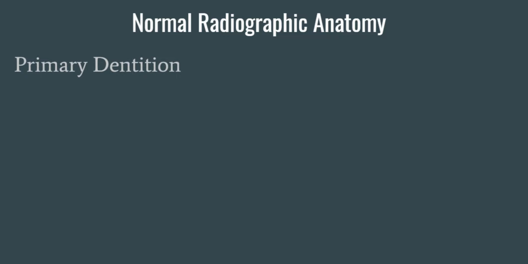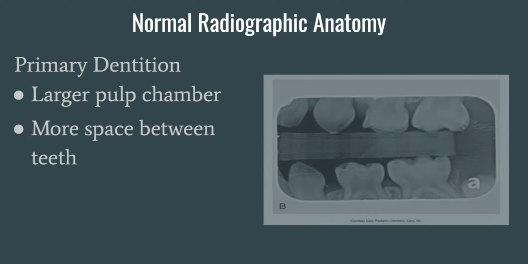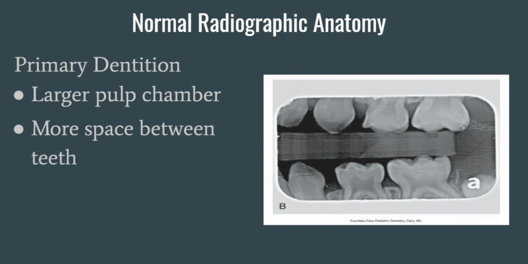And with the primary dentition, there are just a few things that are going to be different. They are going to have a larger pulp chamber, and there's more space in between the teeth. You can see this pulp chamber is slightly larger than what a pulp chamber is in a permanent tooth, and then the distance in between these teeth here.